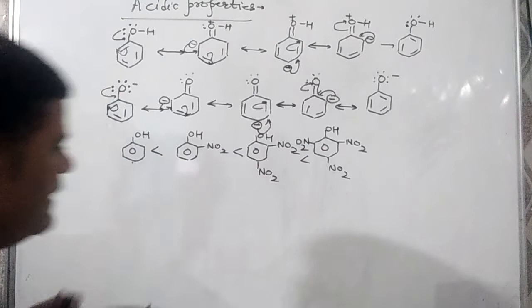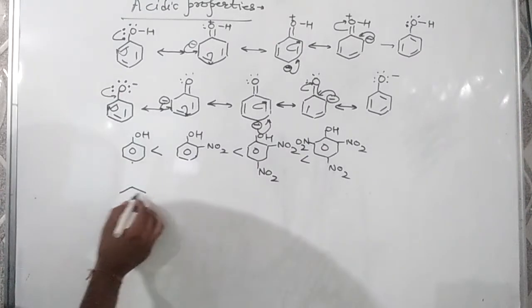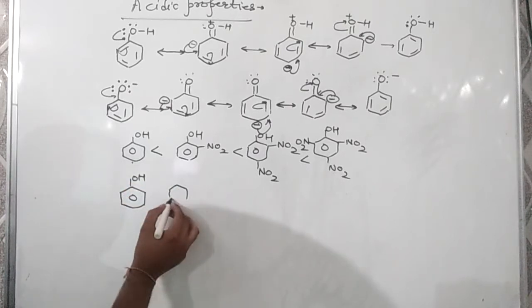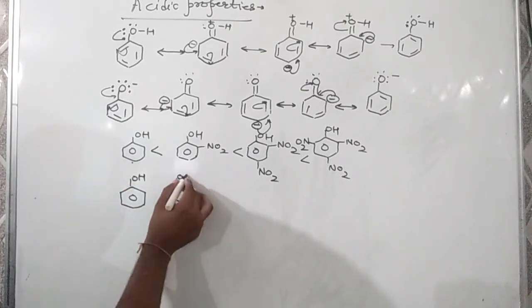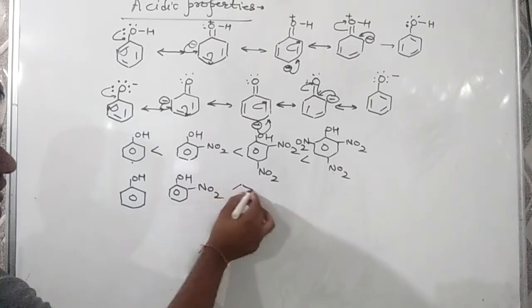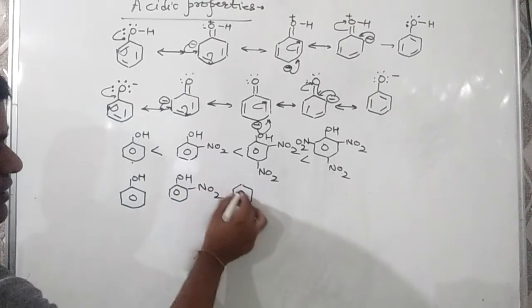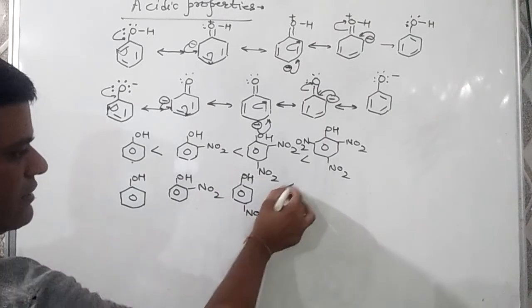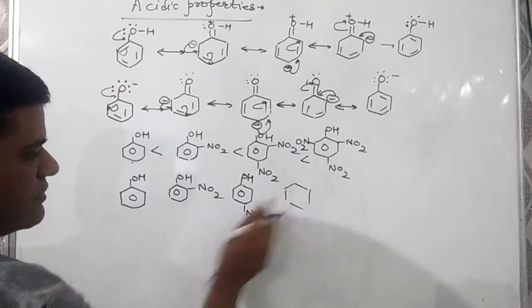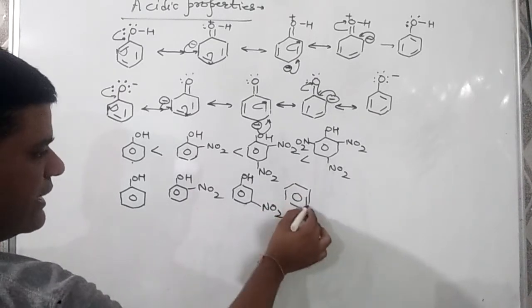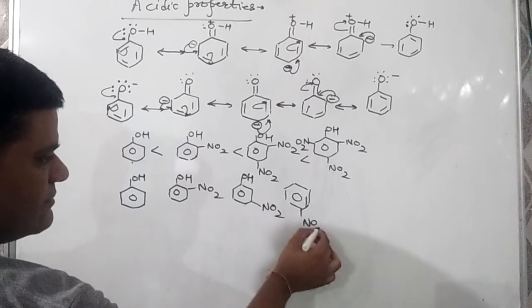Next question might be: arrange phenol, 2-nitrophenol, 3-nitrophenol, and 4-nitrophenol in increasing order of acidic strength.